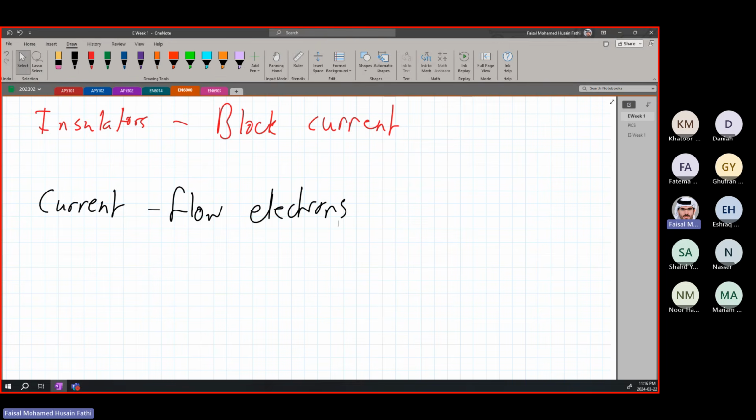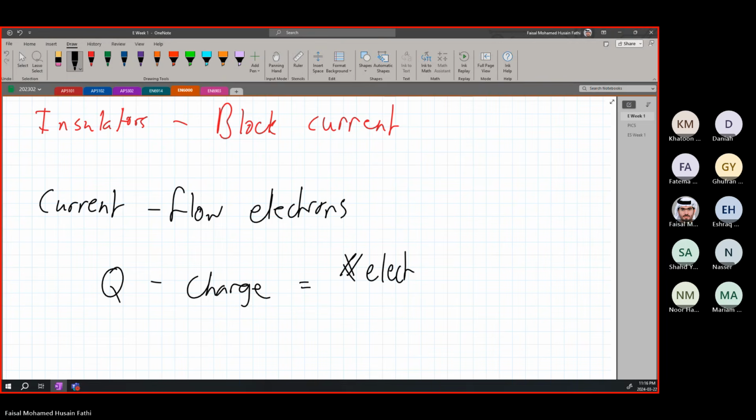So the first concept you need to know before we even get into current is coulombs, usually named as the letter Q, which is basically a singular charge. It is also equal to the number of electrons over a constant number.